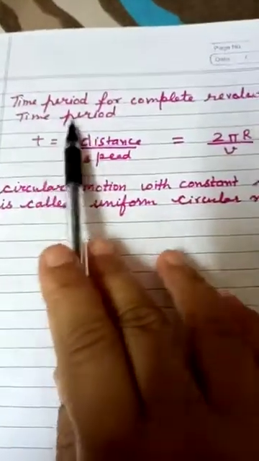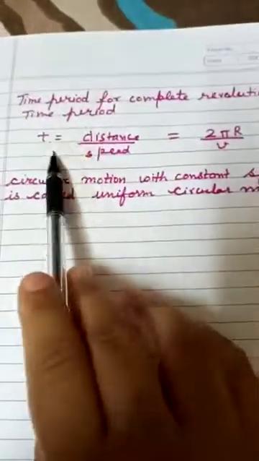Now, time period for a complete revolution is calculated by distance over speed, that is 2 pi r over v, which we have already read. Circular motion with constant speed is also called uniform circular motion. Why uniform circular motion? Because speed is constant. The object is moving with the same speed.